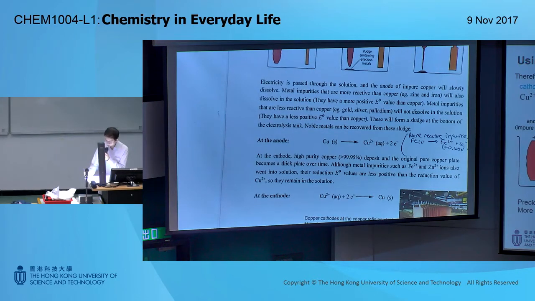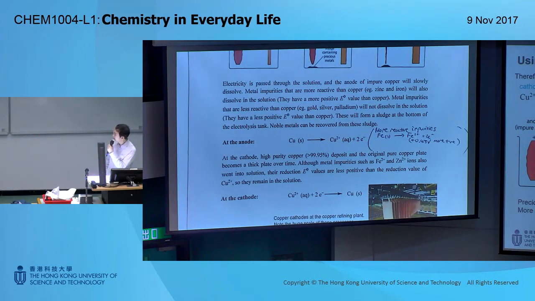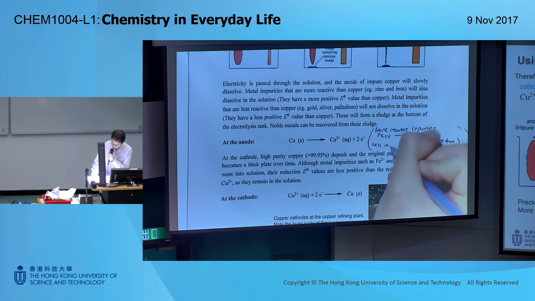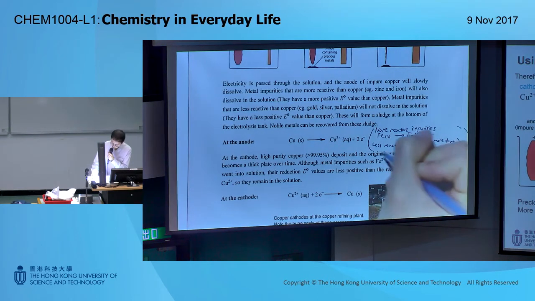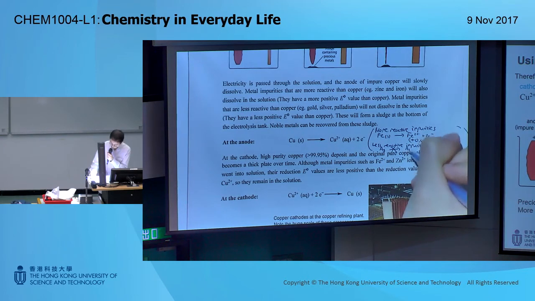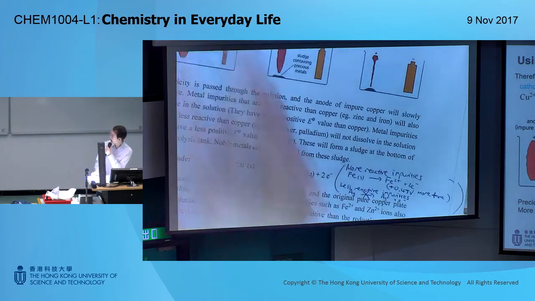So this is more positive. This is the shorthand for positive, a positive sign and then VE. If you had less reactive impurities like silver, this one does not go back to silver plus. Let me enlarge this a bit so you can see what I'm doing.